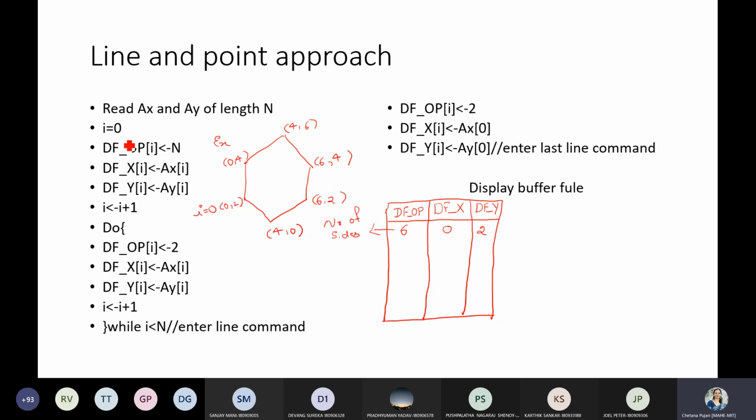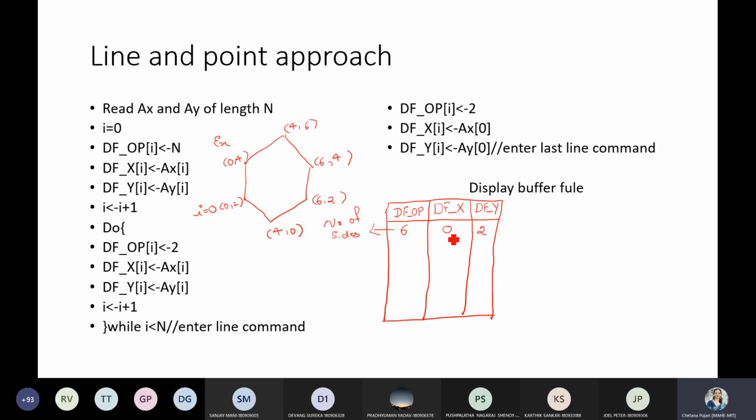Okay, so initially I equal to 0, and you are going to assign a value. So what is the value here? The first opcode is 6, which means you are specifying that we are going to draw a hexagon in this case, which has 6 edges. And then you are going to specify the starting coordinate, the x value and the y value.